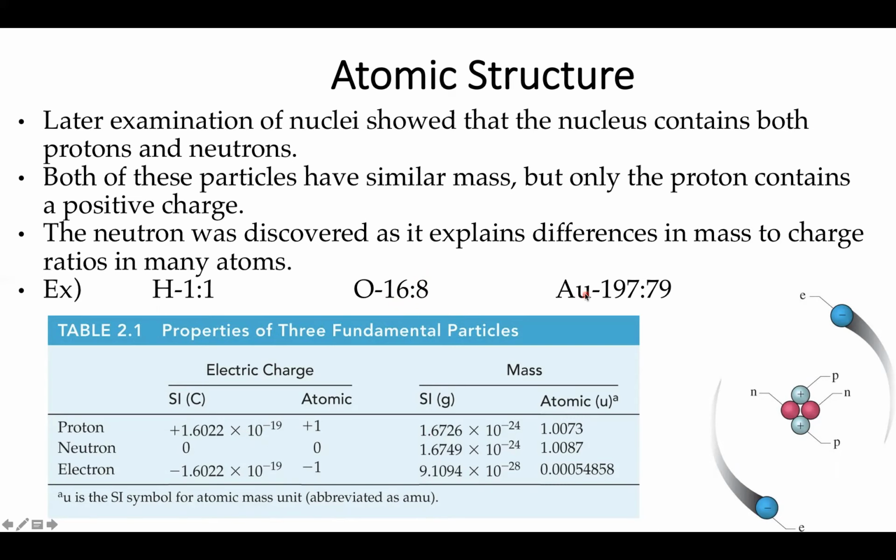However, by the time you get to something like gold, it has 79 protons, but an atomic mass of about 197, meaning that it has about 118 neutrons, which is a big difference. So by the time you get to these heavy elements, you have more neutrons than you do protons in order to make all this positive charge stick together.